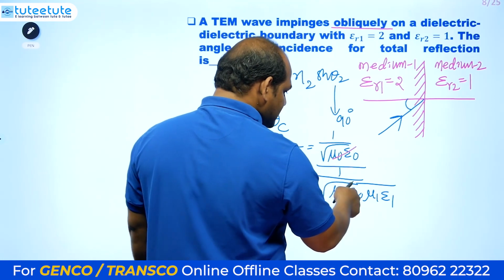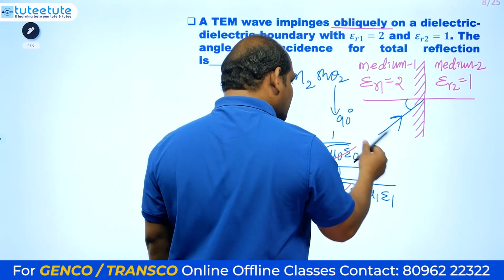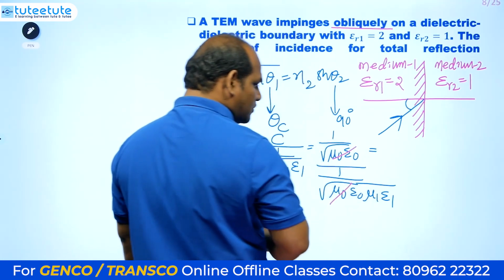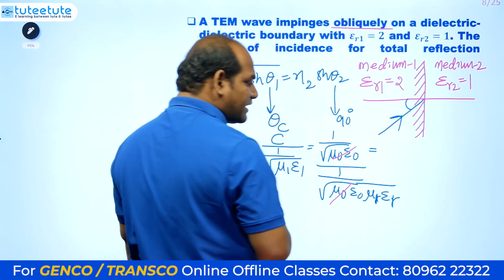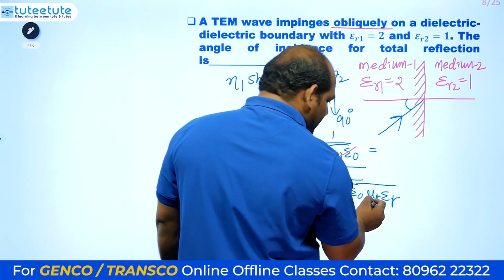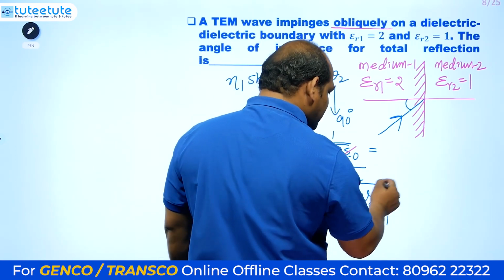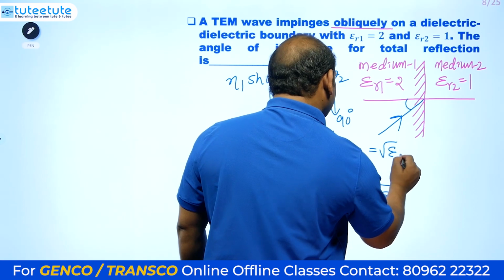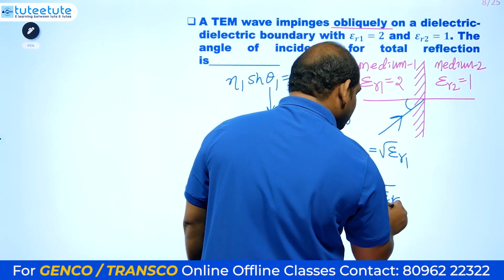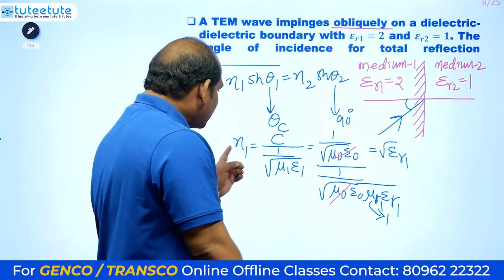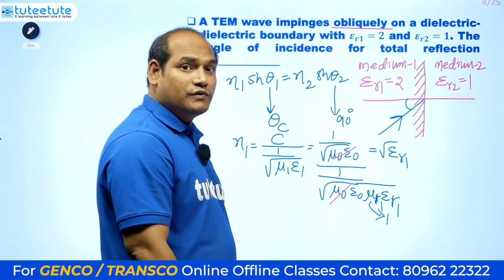Now these things will be cancelled, so this entire thing will go to the numerator. Sorry, this is a relative permittivity and relative permeability. For many materials the relative permeability is 1 only, so we get root of epsilon r. It is medium 1, so we will represent it with 1. Similarly, eta 2 is equal to root of epsilon r2.